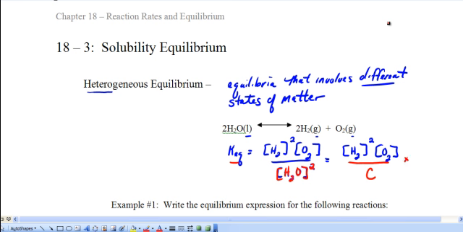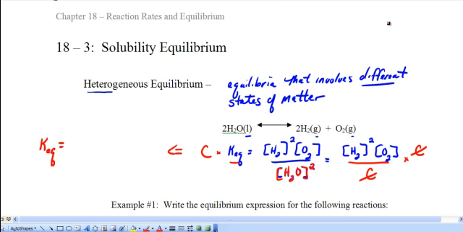If we multiply both sides of the equation by C, these terms divide out, and now a constant times a constant is simply a constant. So now, let's rewrite this over here. We're going to still call it KEQ.